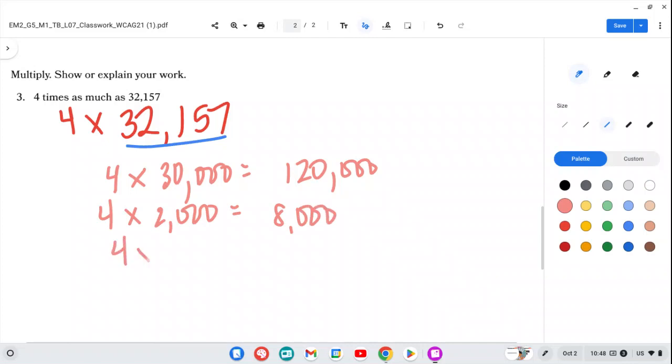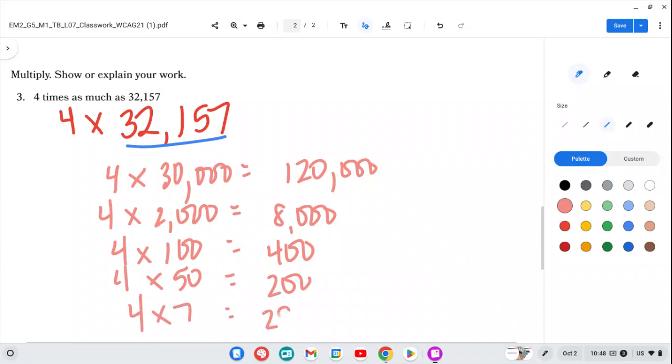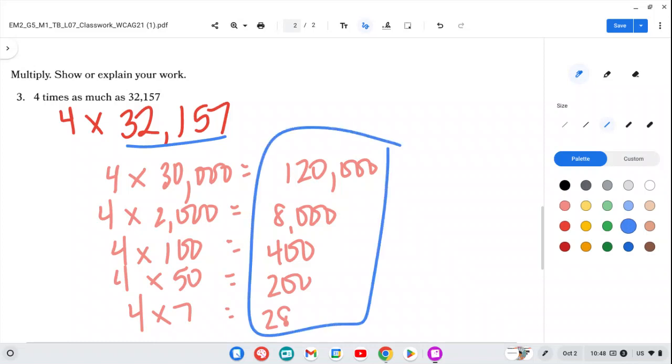Then I'll do 4 times 100, which is 400. 4 times 50, which is 200. And 4 times 7, which is 28. I would then want to add my partial products to get my final product. Okay, so that is a partial product strategy.